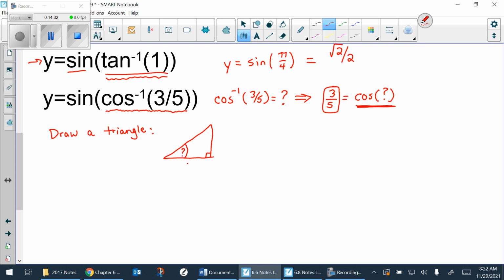So I'm going to make the adjacent side 3 and the hypotenuse 5. Now, if that's the case, can you tell me, from back in geometry, how big is that side? And hopefully you would recognize this is a 3, 4, 5 right triangle.